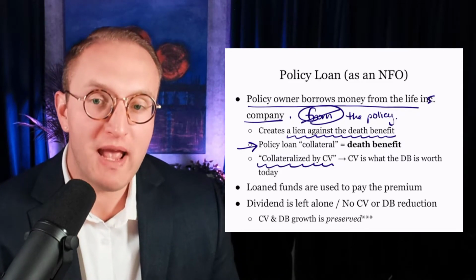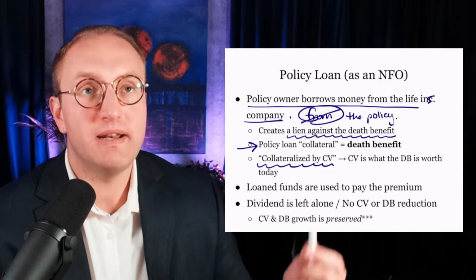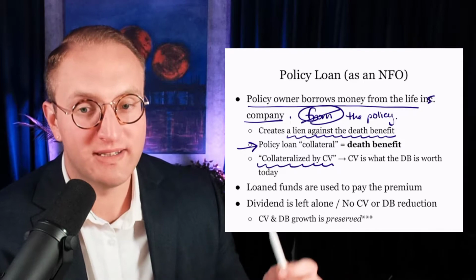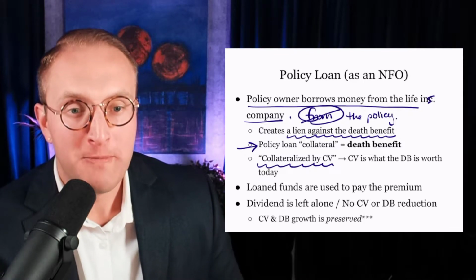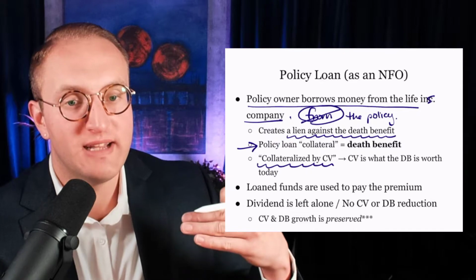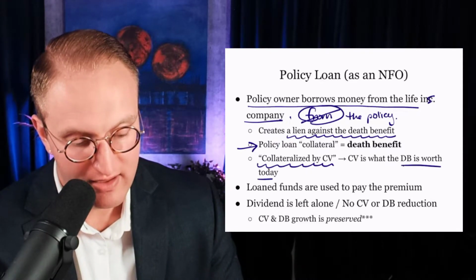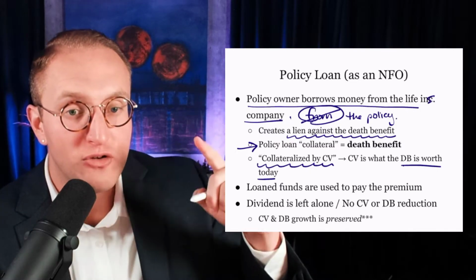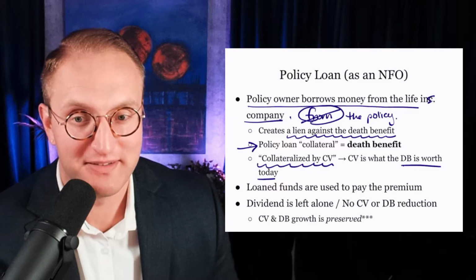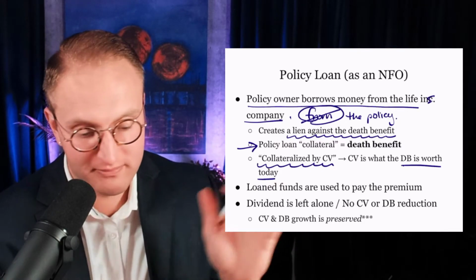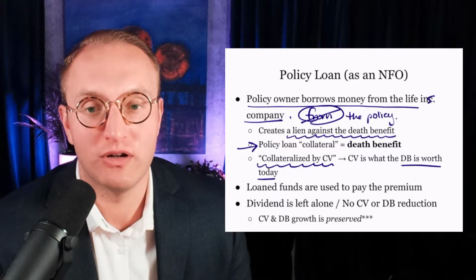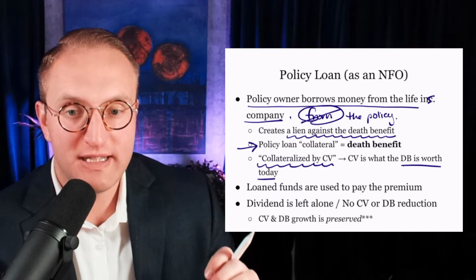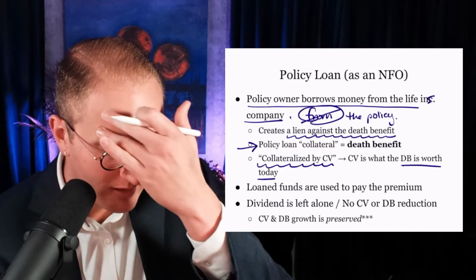If you fail to repay the policy loan, the company doesn't take your cash value. Okay, the company is going to deduct from the death benefit. The cash value is just what the death benefit is worth today. The cash value tells you how much of the death benefit you can instruct the company to place a lien against. If we take an example from the housing world, let's use the home equity line of credit.